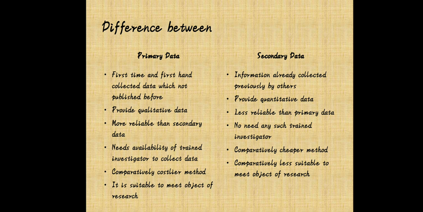Primary data is more reliable than secondary data. Why? Because it is first-hand information, but secondary data is less reliable than primary data.